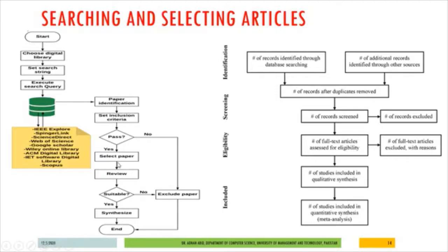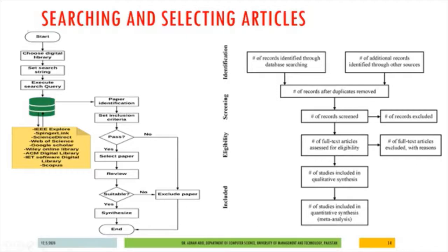There are different levels of granularity checks that we apply to select an article, and in the end we review the final, detailed versions of those articles, abstract and full text. If we find them suitable, then we use them for our study and synthesize out of them.